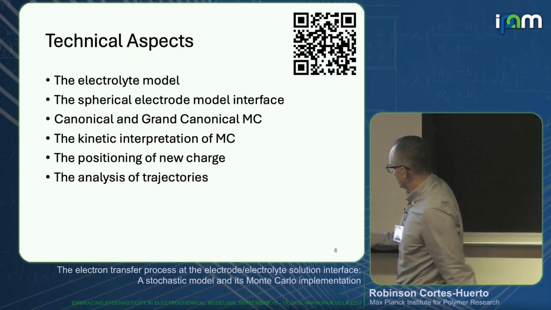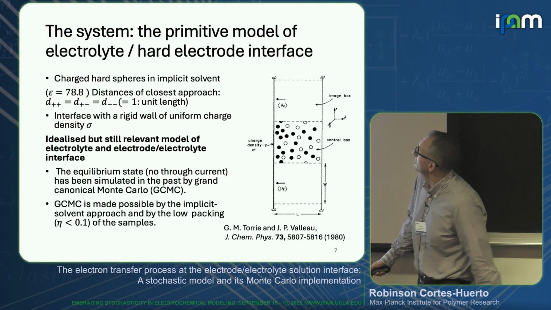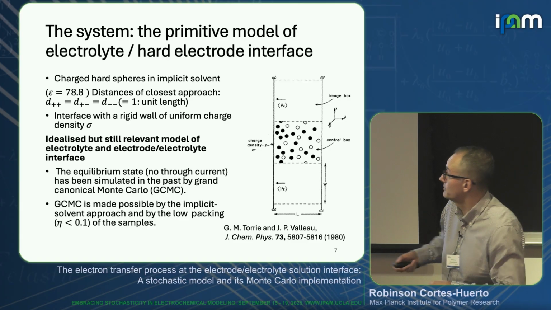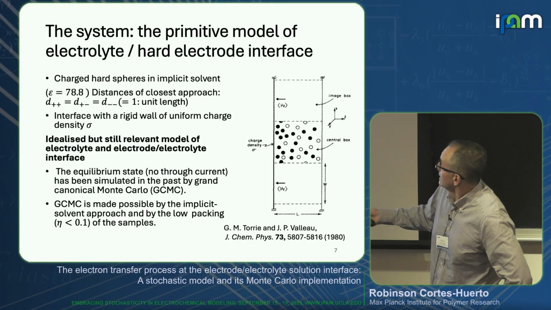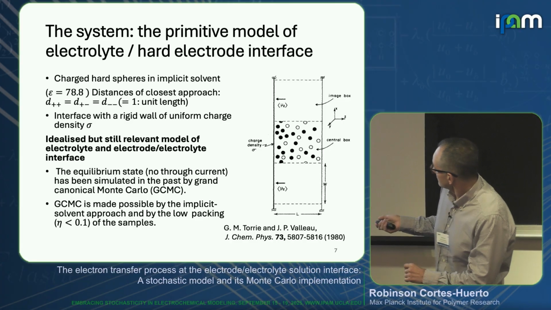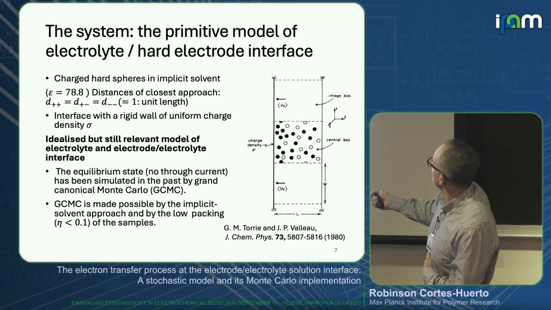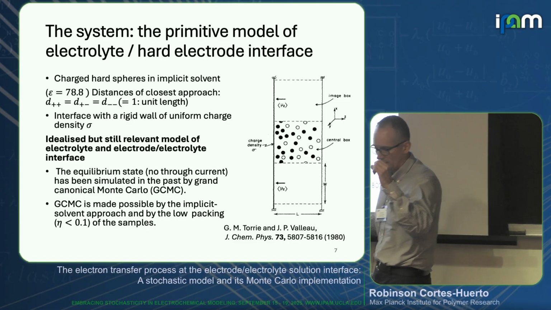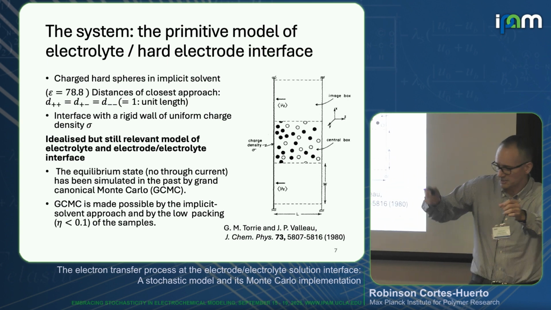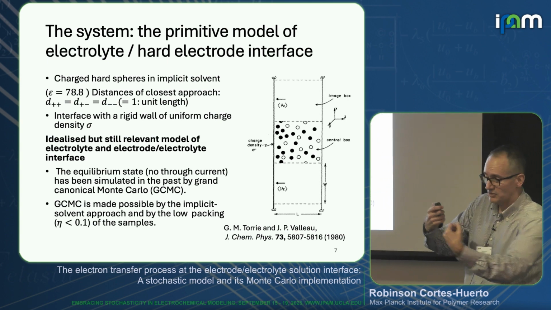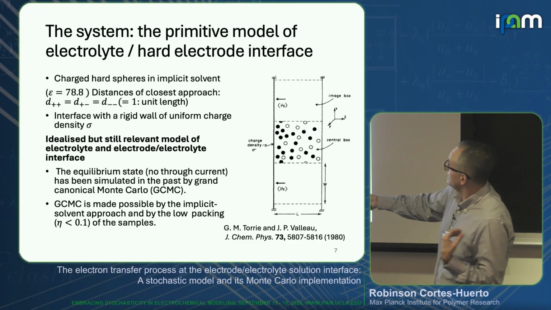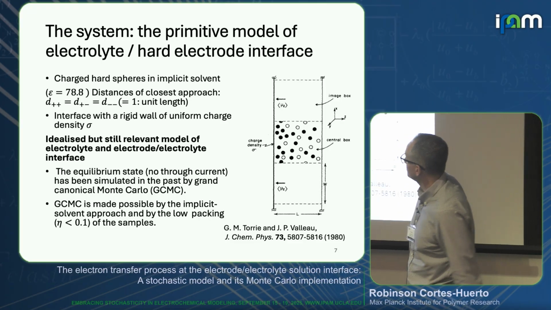Now I will discuss some technical aspects. The electrolyte model is very simple, so it's a proof of concept right now. We have the primitive model, which is simply based on charged spheres with different charges, plus and minus 2 charges. They are hard spheres, so they have a distance of closest approach that defines our unit of length.